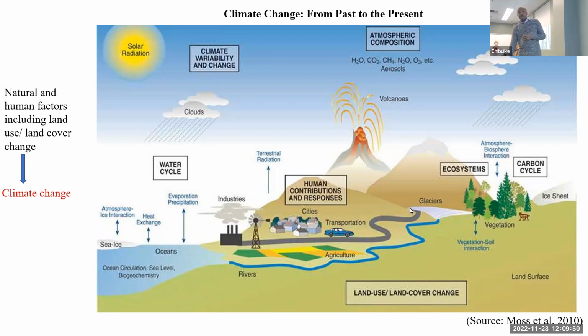But even without emissions, because these emissions exert their influence through changing the atmospheric radiative fluxes, by just changing the surface, you can also have a change in climate.